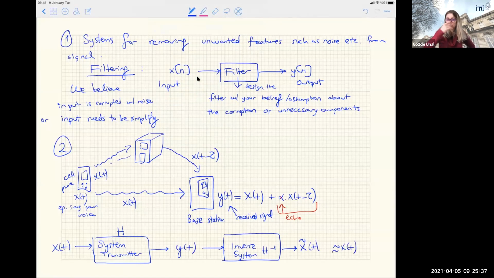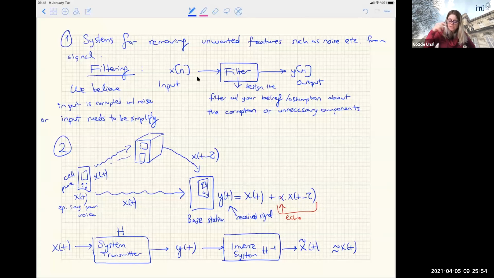That's the goal. You can read this example in the textbook, probably at the beginning of chapter 4 or chapter 5.